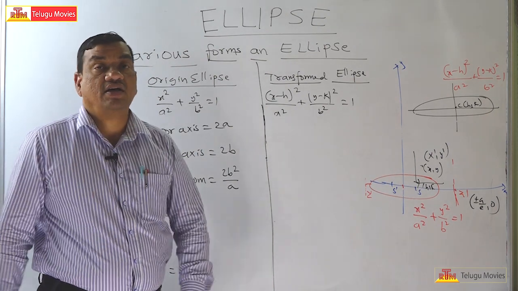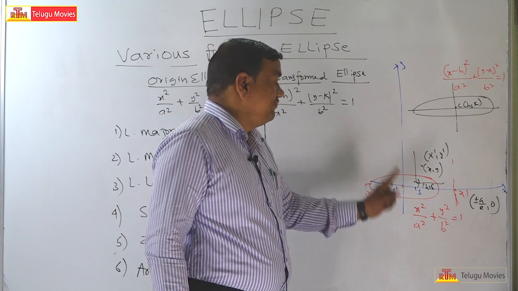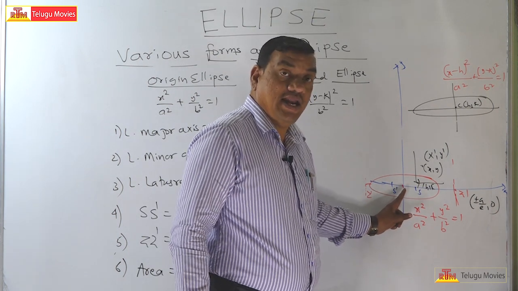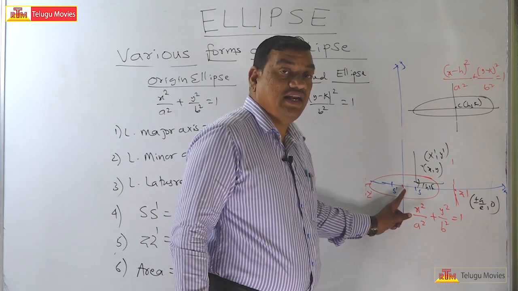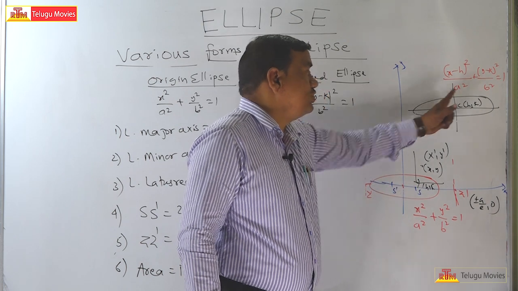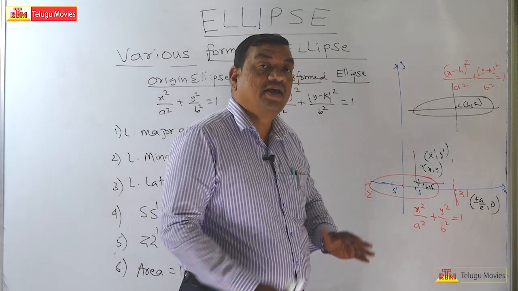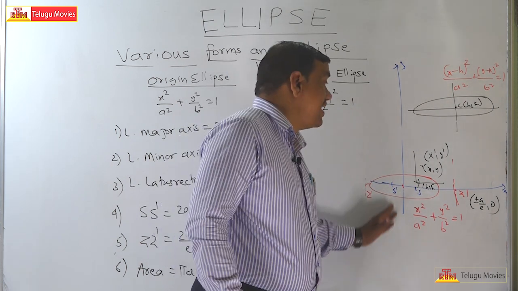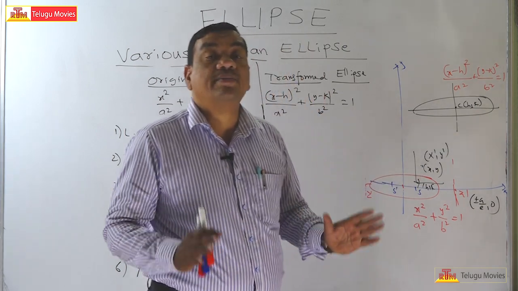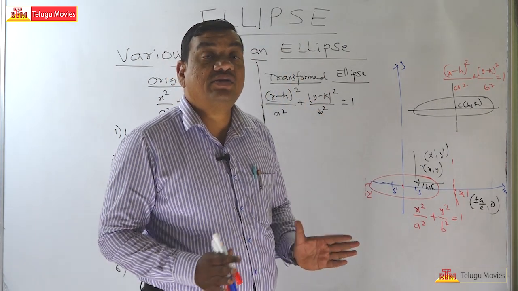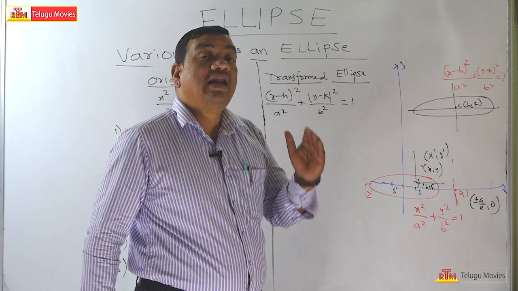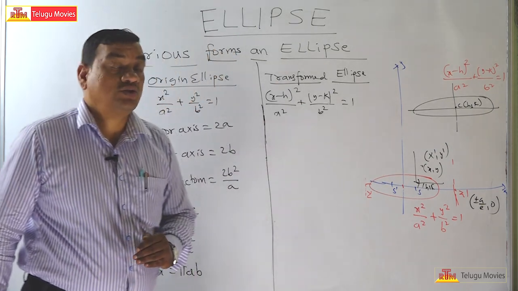So remember that you are shifting the ellipse from 0, 0 to h, k, keeping a value, b value same. What is a? Length of major axis.